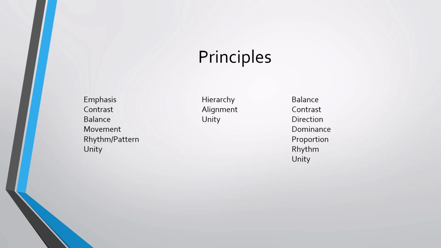If you look at these, the only one that's agreed on is unity. Everybody agrees that if there is a unity among the work, then it's using good design principles. So that was maybe a little bit of a trick question, but that is the only thing that is agreed on.